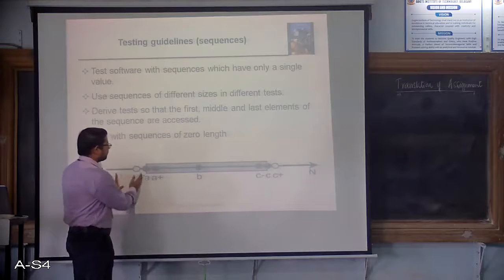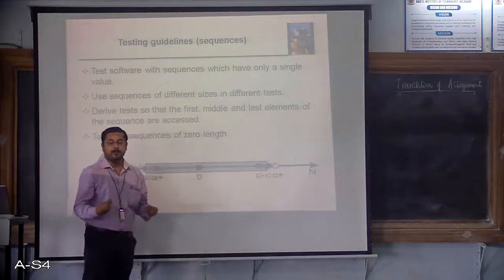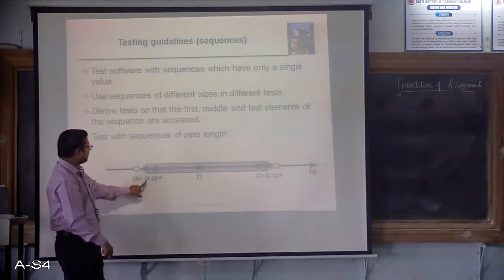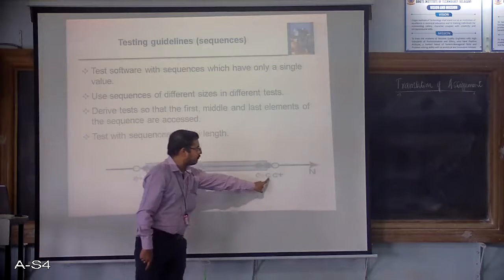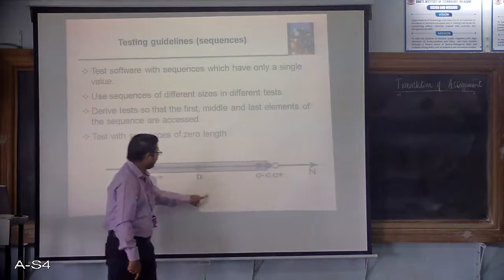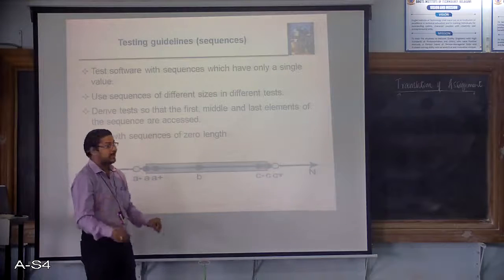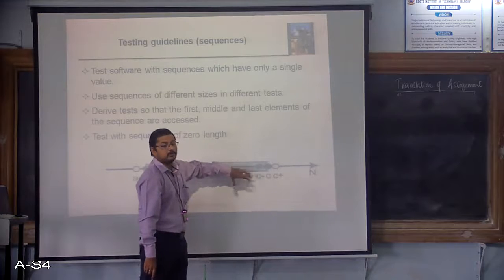See here, this is the diagrammatic approach. For example, if I want to provide data between 1 to 100, A is the minimum value, 1 I can take. C is the maximum value, 100 I can take. And B is a nominal value, 50 I can take. Whatever values lie between 1 to 100, we call nominal values within the range.